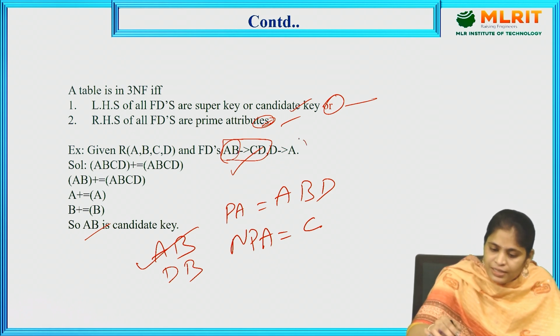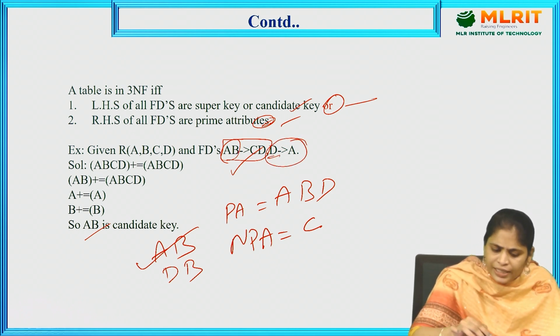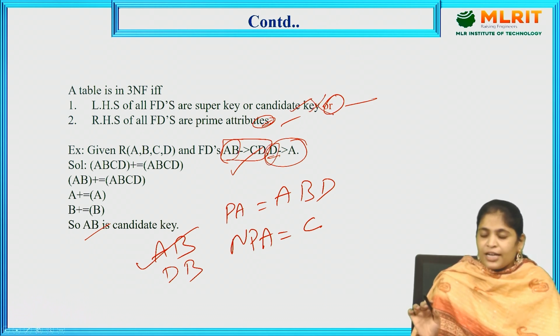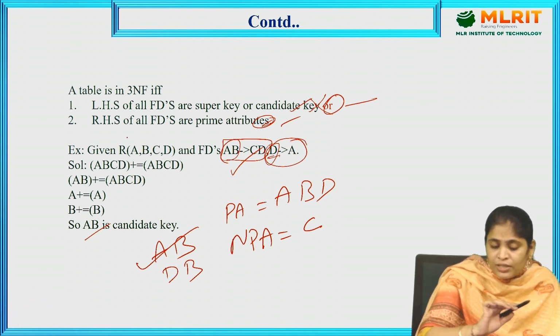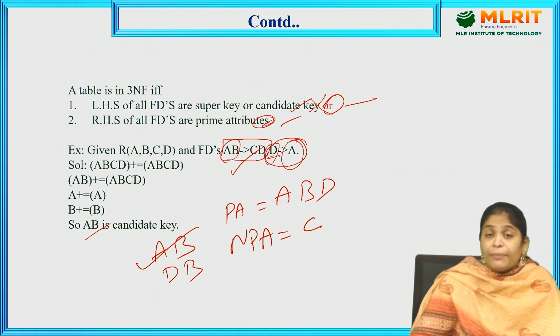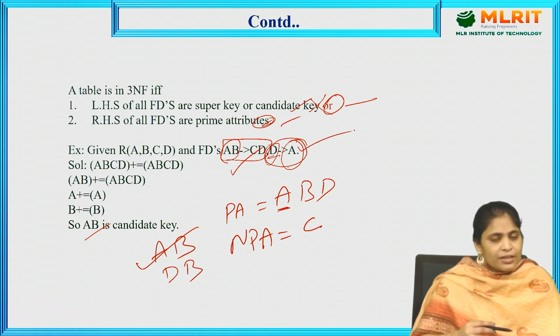Let us consider the second functional dependency, D. Let us consider LHS, D. Is D alone a candidate key? No. So, the first rule has not been satisfied. Now, let us check for the second rule. What is the second rule here? This RHS must be a prime attribute. So, what are the prime attributes here? A. So, RHS is a prime attribute.